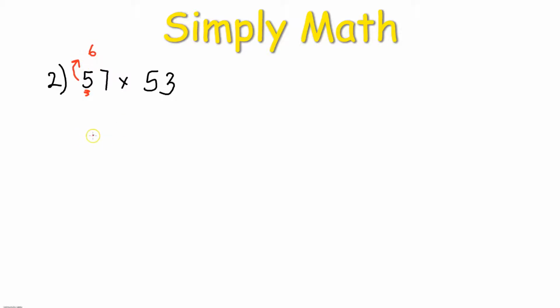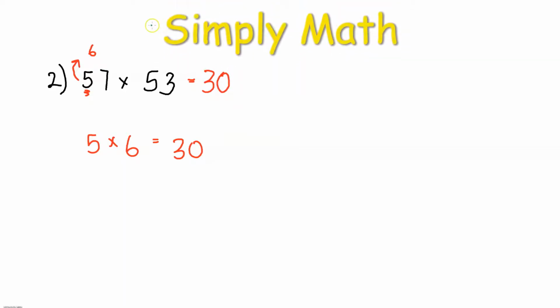So I'm going to multiply 5 times 6, which is 30. And that's the first part of the answer, 30. Then to find the second part, I'm going to take the digit in the ones place, which is 7, and the digit in the ones place for the second number, which is 3, and multiply them together.